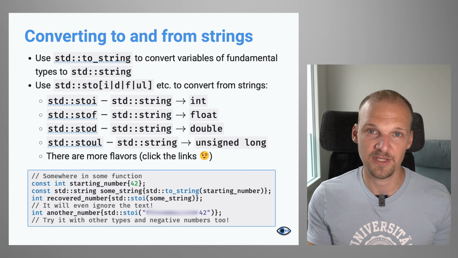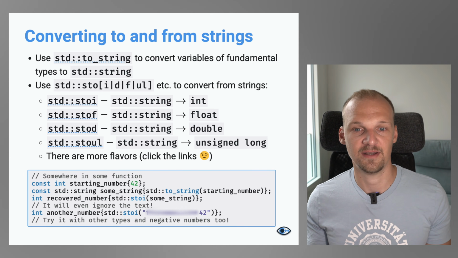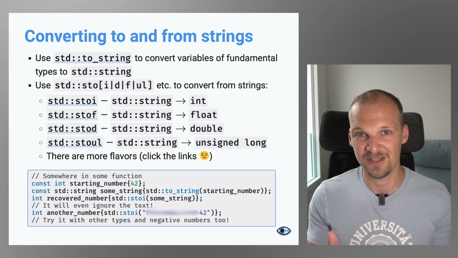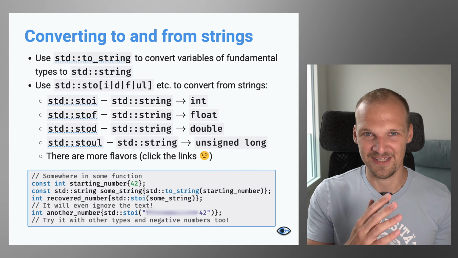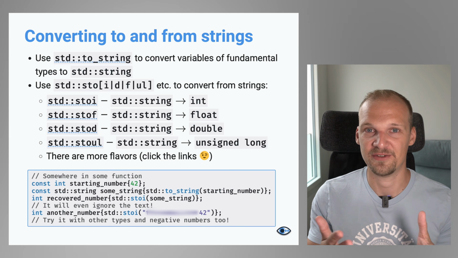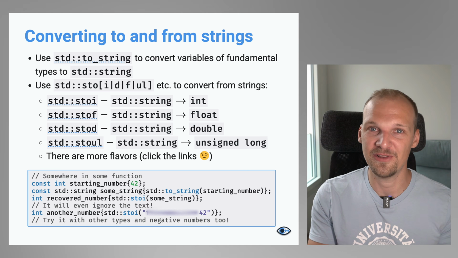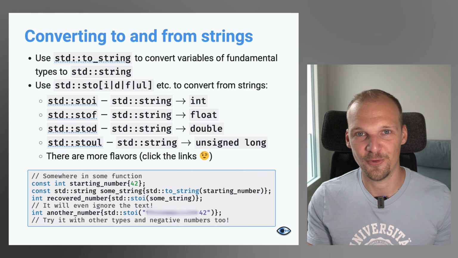And vice versa, if we want to get a number from a string, we can use a plethora of functions like stoi, stod, stof, and all the other ones. You can see them on the screen right now. Basically, they convert a string into a given number. If you expect a double, you will get a double out. If you expect a float, you will get a float out. I hope you get the gist.